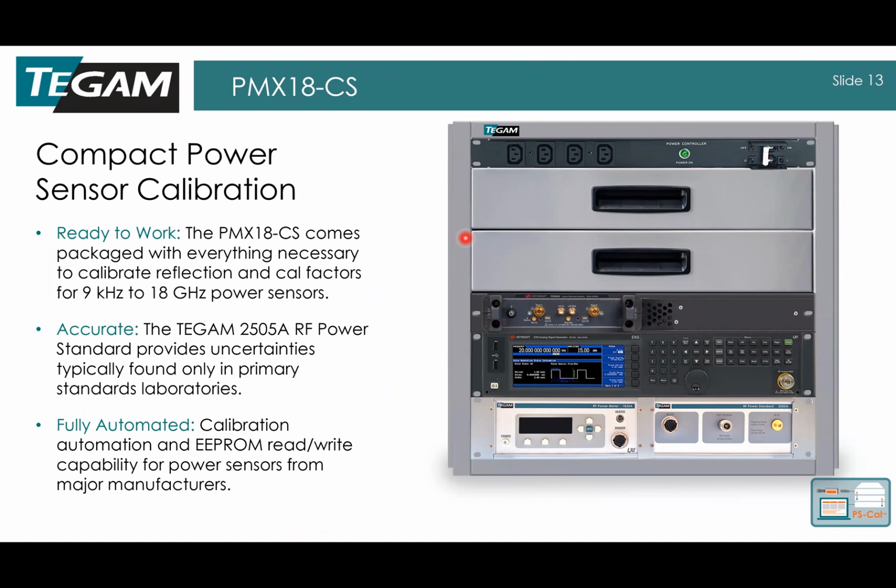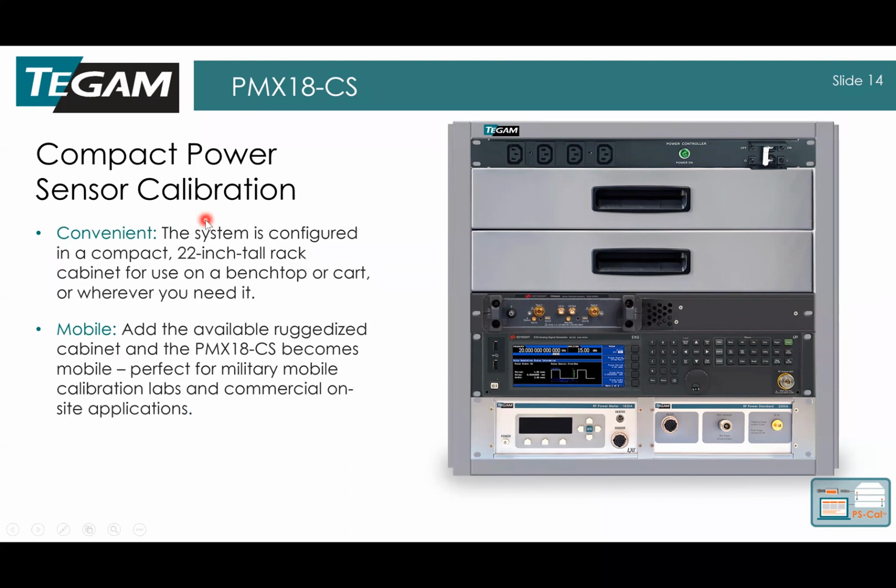Fully automated. PSCal comes installed on the laptop that's included with the system, and will fire up as soon as you turn everything on, and you'll be calibrating sensors right away.